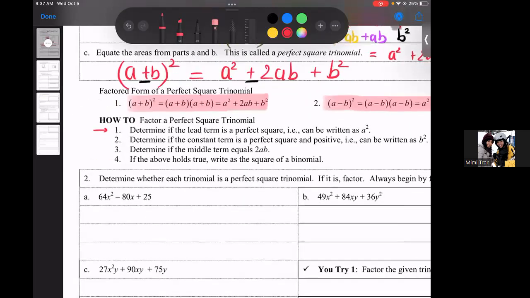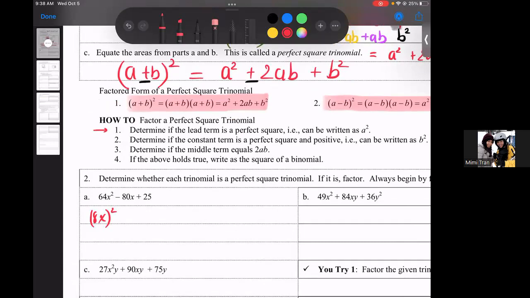I'm going to go through the steps as I do example 2A: 64x squared minus 80x plus 25. Is 64x squared a perfect square? Yes, because I can write it as (8x) squared. Make sure you put parentheses, meaning the square belongs to both of these, not just x.